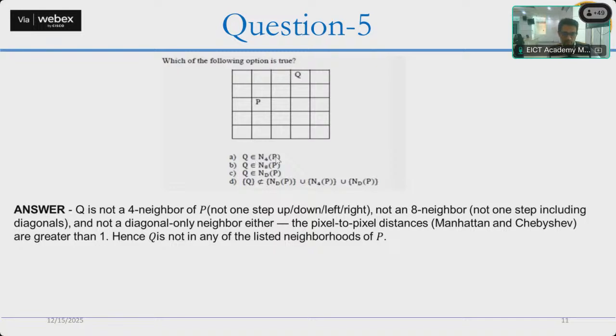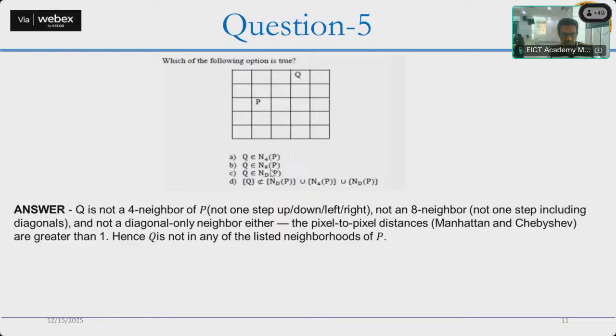For the 4-point neighborhood it should be here, either this one, this one, this one, this one. But here it doesn't consist of it.